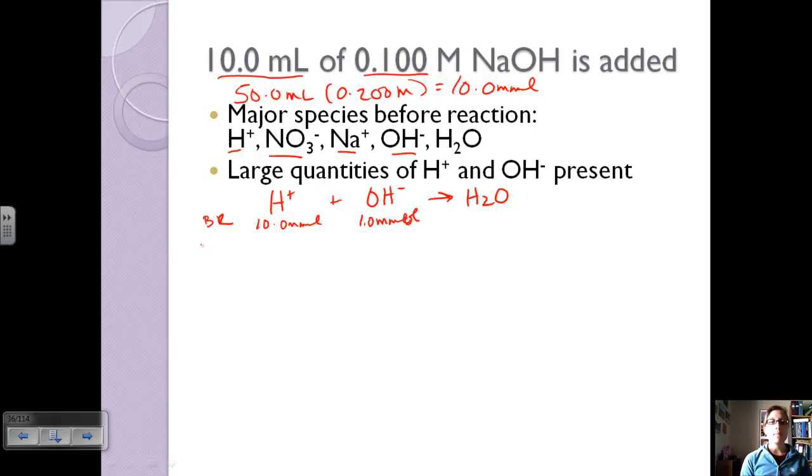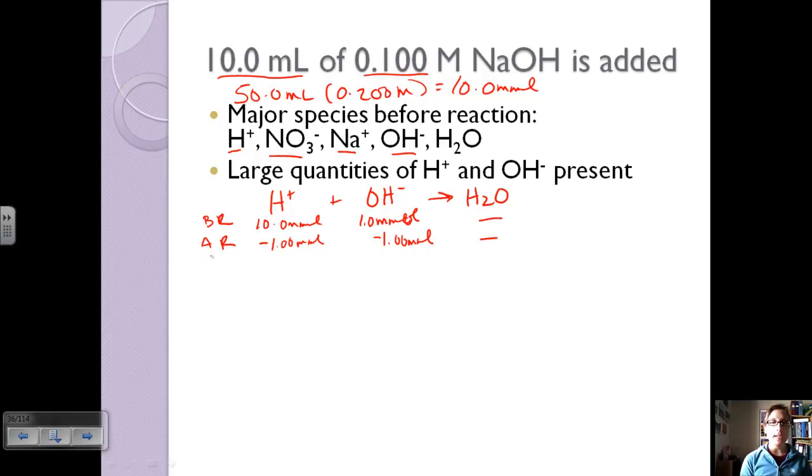Okay, then if we look at after the reaction, well, we know that all the OH- is going to react with the H+. So we're going to subtract 1 millimole from here. We're going to also subtract 1 millimole from here, and we would add it over here, but remember, water, we're not really considering it.